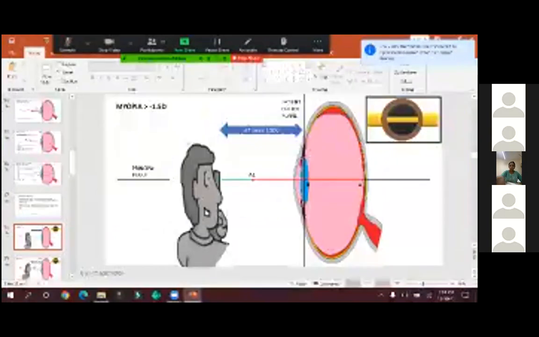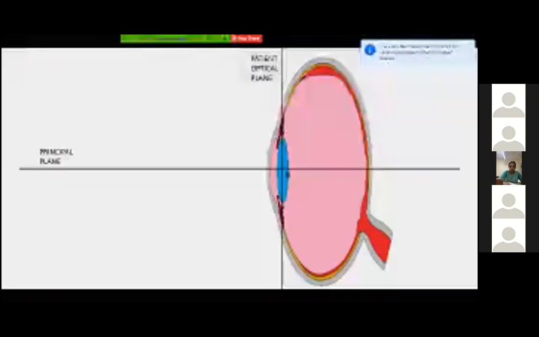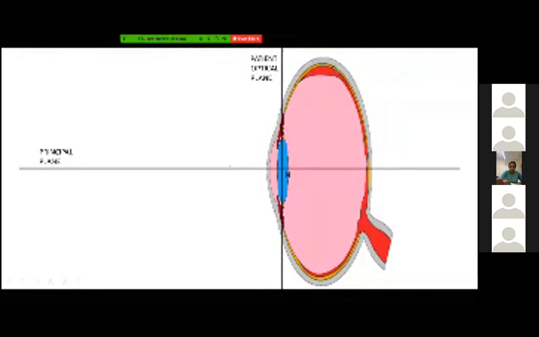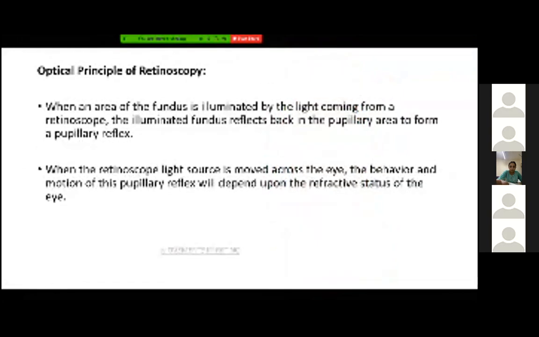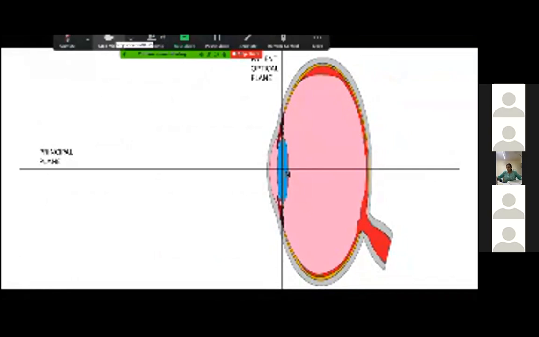Zain is here. Zain, you can start sharing. Then, while switching between the slides, you can be a little bit slow, especially if there is a video.